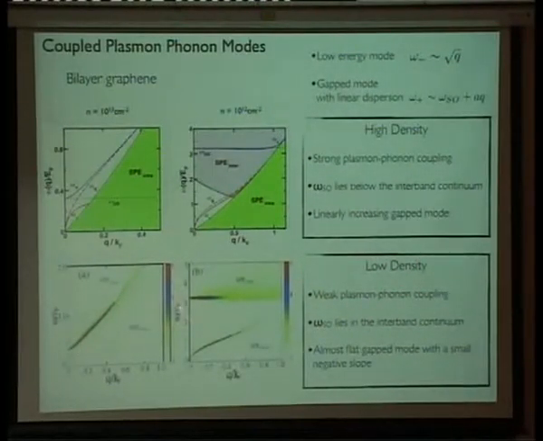And the idea is this has already gone into the interband continuum. And the free plasmon has already gone into the continuum. And so there's not much coupling between these two. So there's a very concrete prediction that if you do look at these things in bilayer graphene as opposed to monolayer graphene, you would see very different behavior as a function of density.